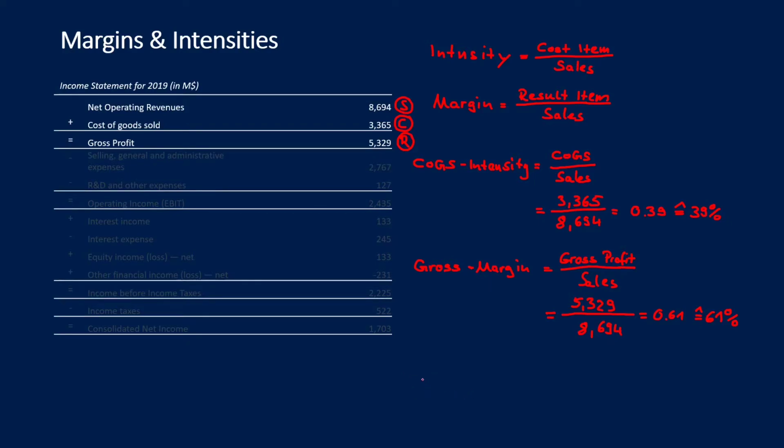Keep in mind that COGS intensity and gross margin always have to add up to 1, or 100%.